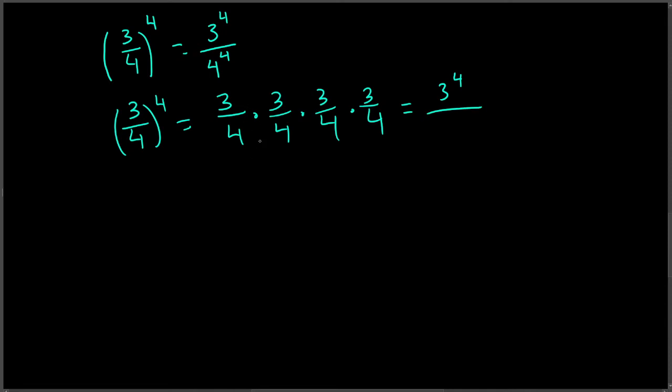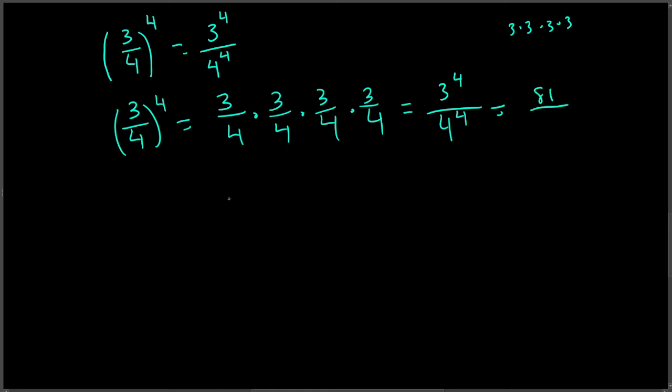And the downstairs becomes 1, 2, 3, 4 multiplications of 4. And let's see, 3 to the 4th is 3 times 3 is 9, times 3 is 27, times 3. So 27 times 3 is 81.